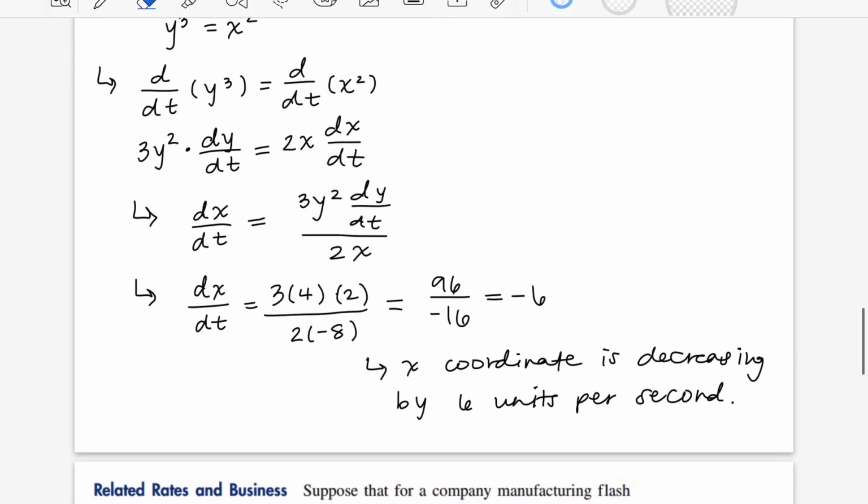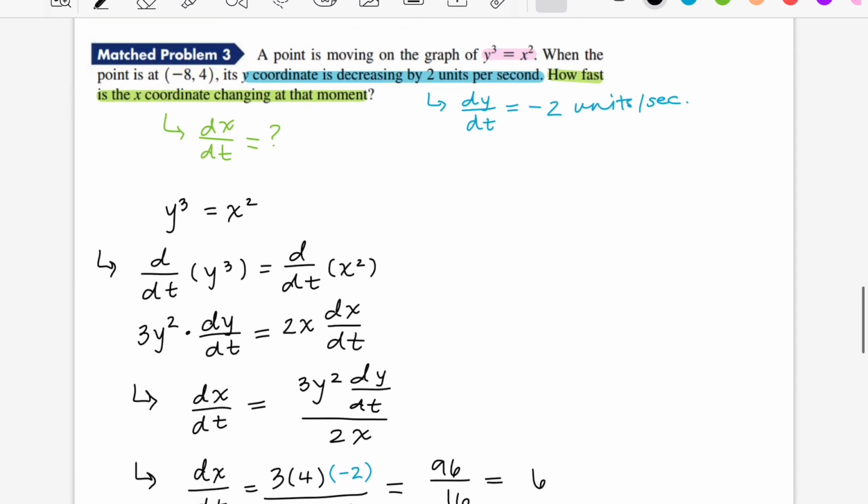So if we go back here and we plug in that value for dy/dt, these negatives will actually cancel. And so we still end up with 6, but our answer changes slightly. We find that the x-coordinate is going to be increasing by 6 units per second. All right, so yeah, just be careful with the wording. It is easy to miss something simple like that.